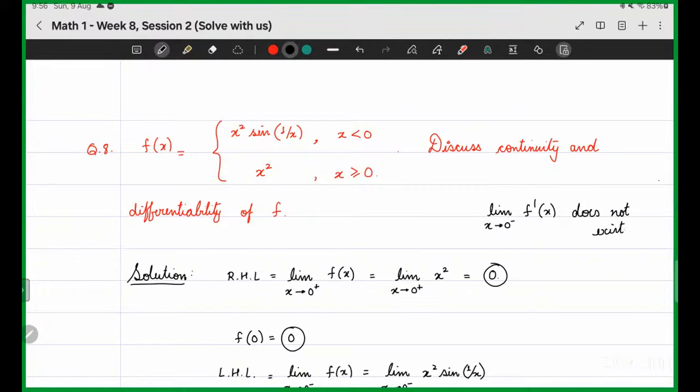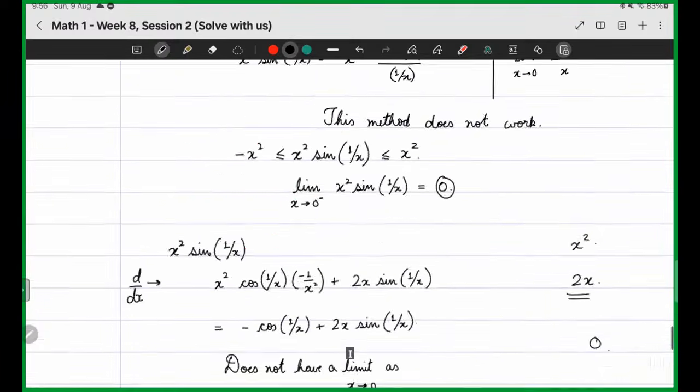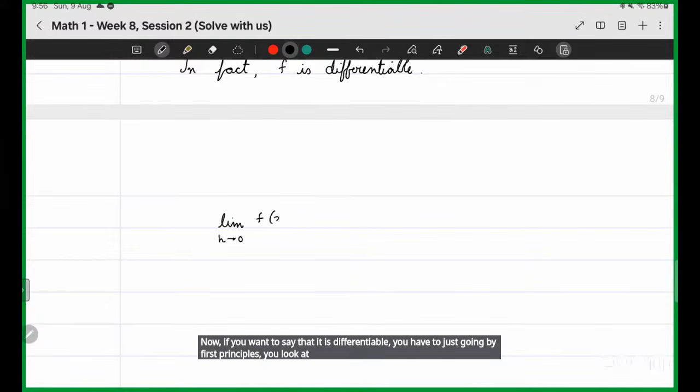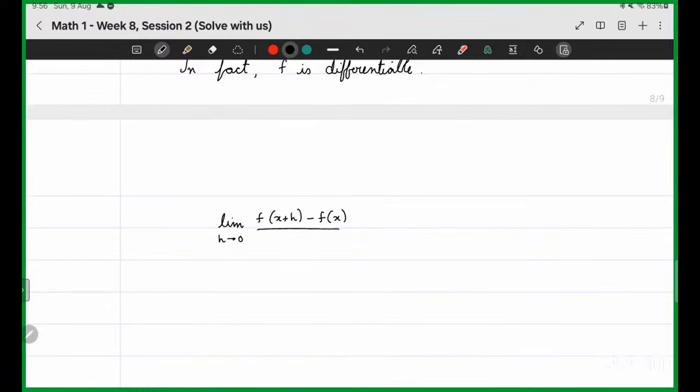So this does not say anything about the differentiability. I'll tell you why it is differentiable now. If you want to say that it is differentiable, just going by first principles, you look at the following expression.